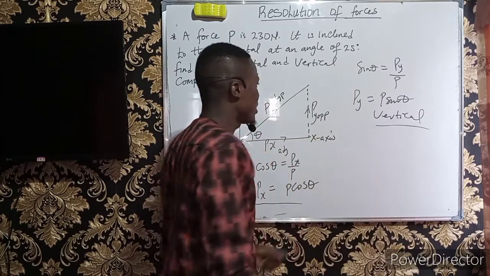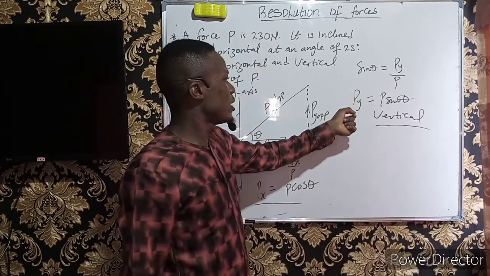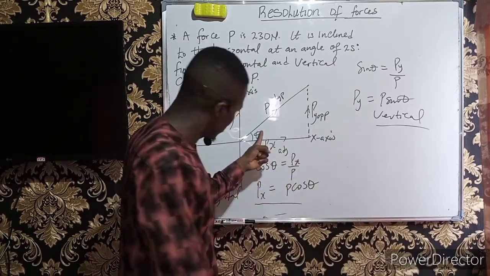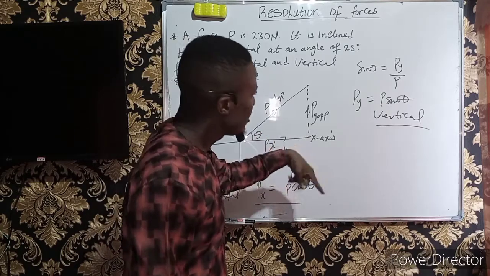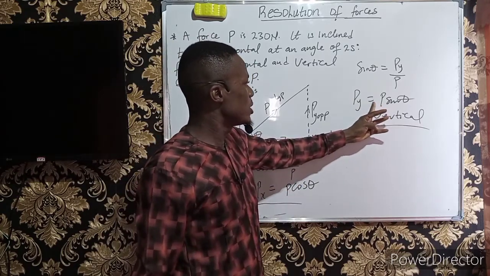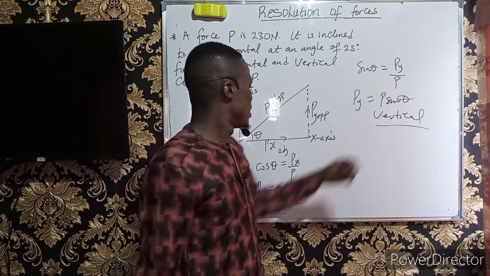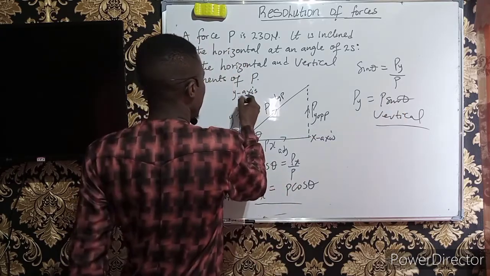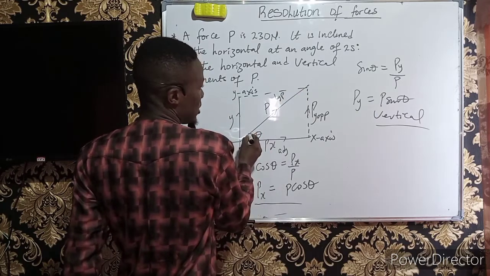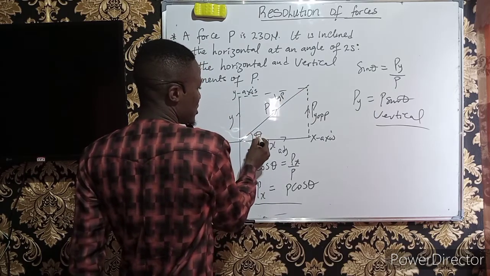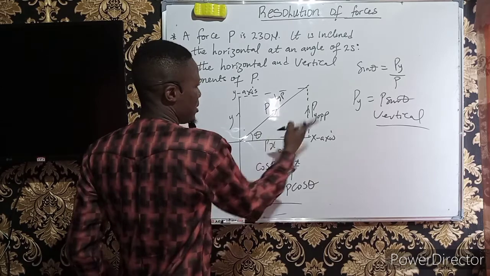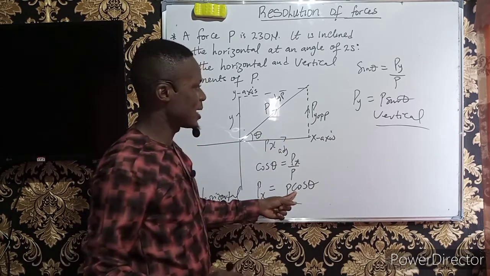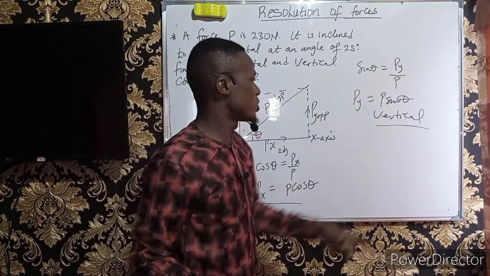Whenever you are looking for the vertical component of a vector inclined to the horizontal, the formula is Py equals P sine theta, and for the horizontal it is P cos theta. When the vector is inclined to the vertical, it is a different thing altogether. Take note, because if this angle is moved from here to here, the reverse becomes the case. This will be sine, while this will be cosine.